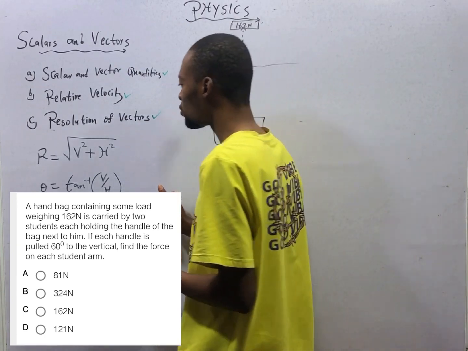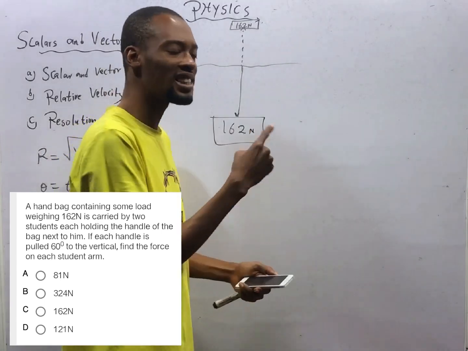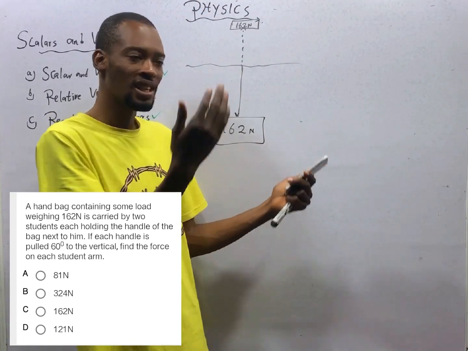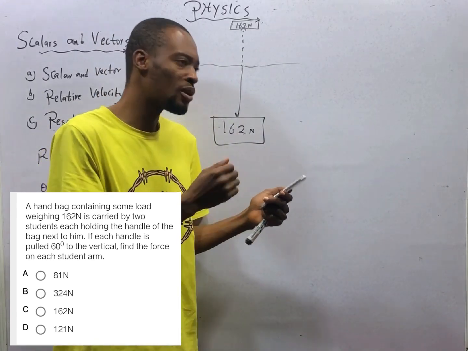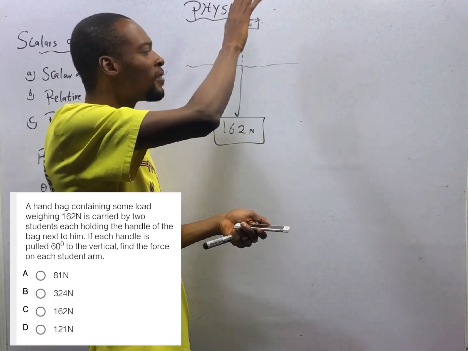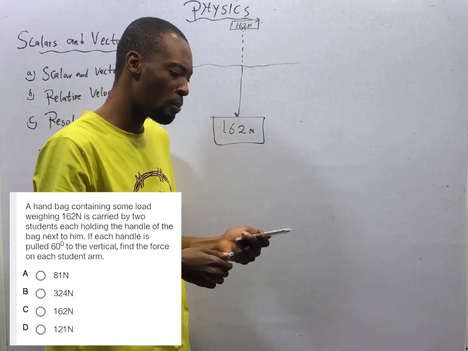So for a body to be in equilibrium, the sum of all the forces acting is 0, because this one is equal to this, cancels. This one is equal to this, cancel. Since these students are holding the bag, it's not falling. So the total force acting up is the same thing as the weight of the bag.